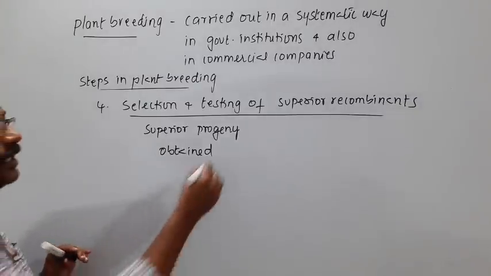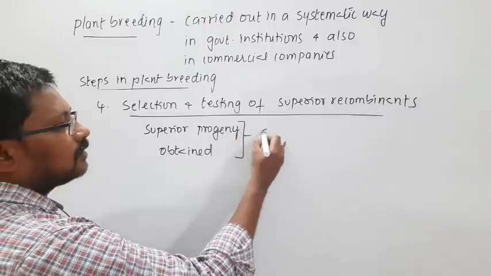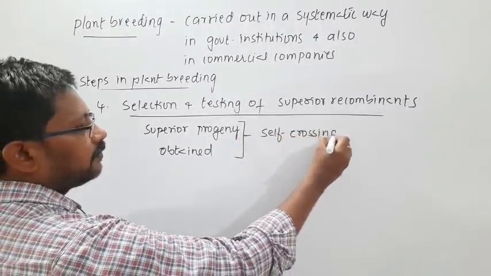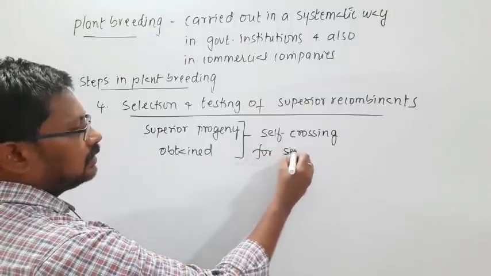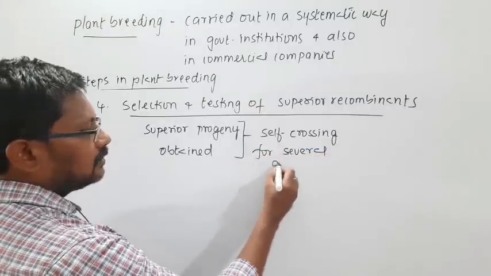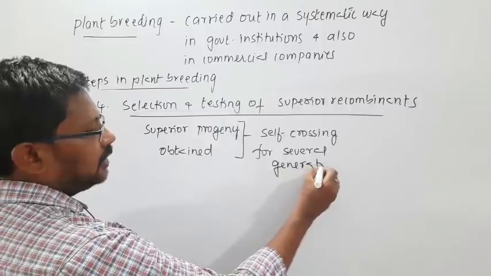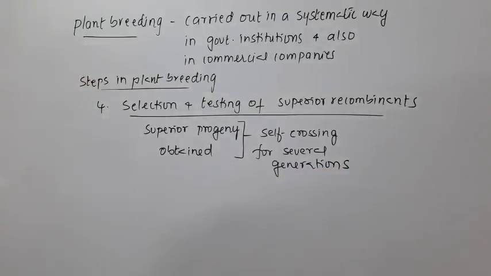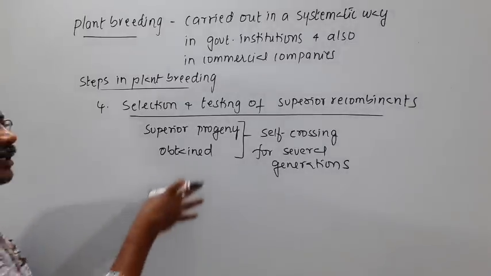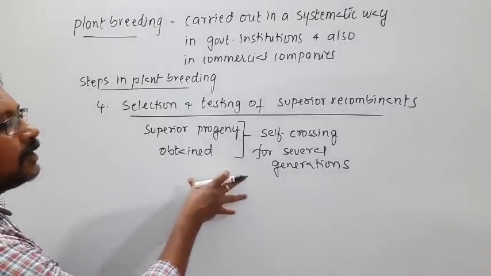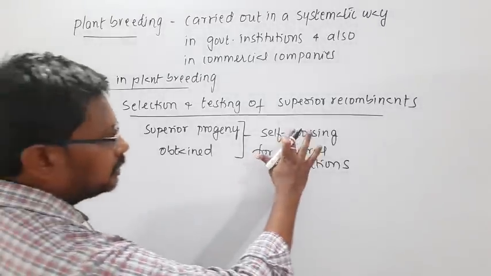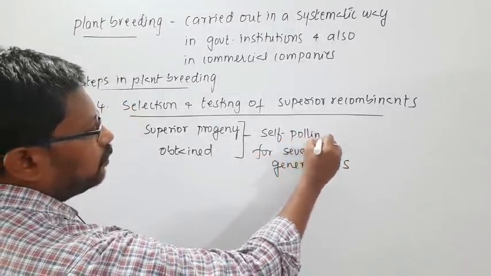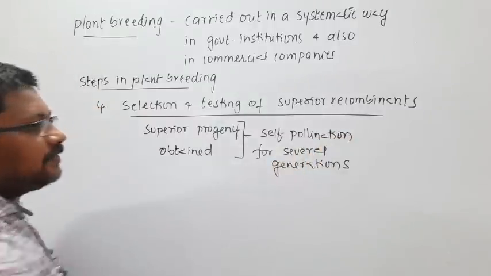In fact, they will be going for self crossing, or rather, instead of crossing, self pollination for several generations.